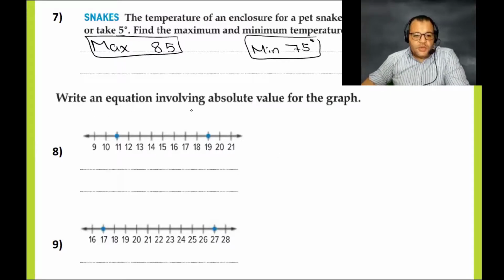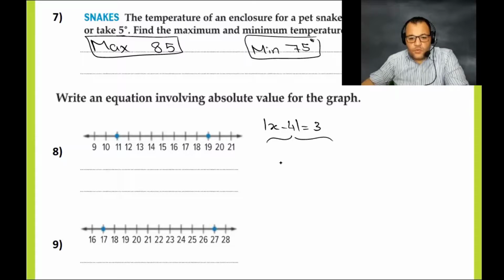So, write an equation involving the absolute value for the graph. If you remember the first one, when I said the absolute value of x minus 4 equals 3, we said we'll solve it in two ways: x minus 4 equals 3 or x minus 4 equals negative 3.